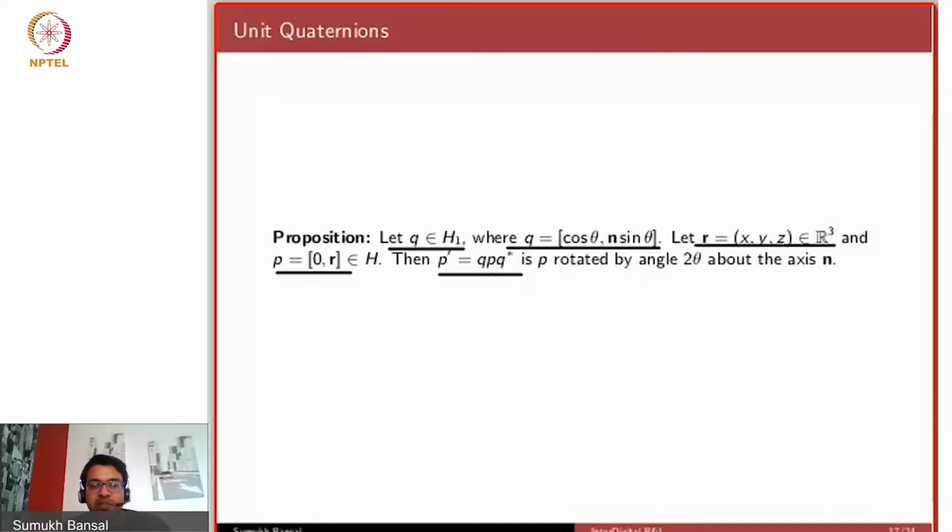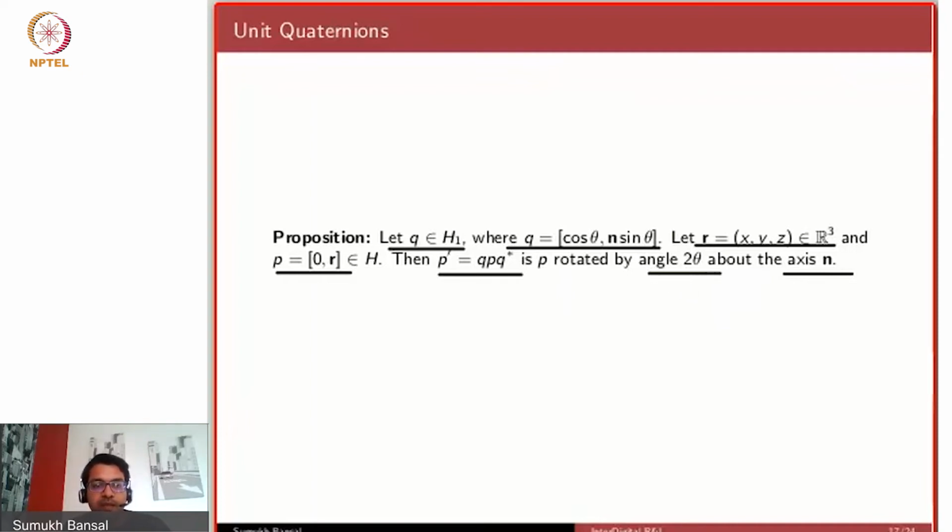So the proposition says that P dash given by Q P Q conjugate is a rotated version of P about an axis n by an angle 2 theta. And the important thing is the angle 2 theta.